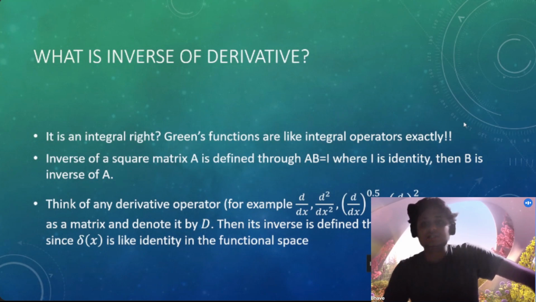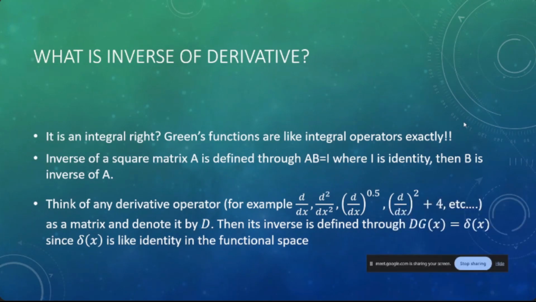A simple question is, we know that there is something called a derivative operation. So, what is the inverse of a derivative? We know it's an integral, but if you think in terms of matrices, for example, if you have a square matrix A, then the inverse of that square matrix A is defined through AB equal to identity. So we call B the inverse of A, correct?